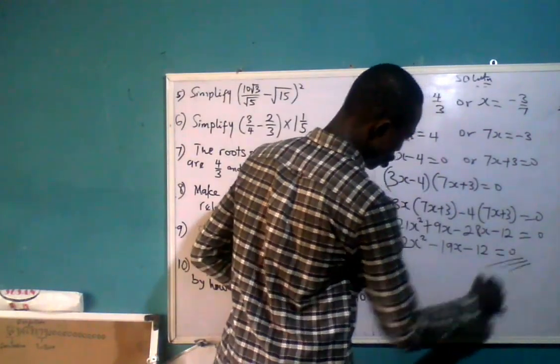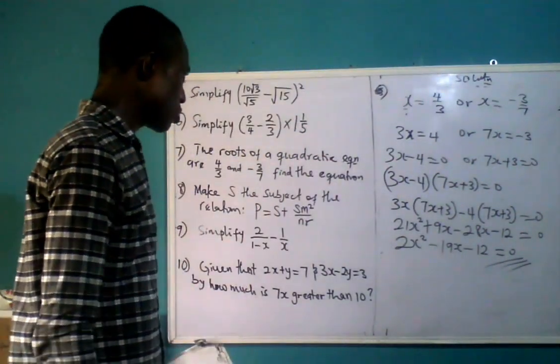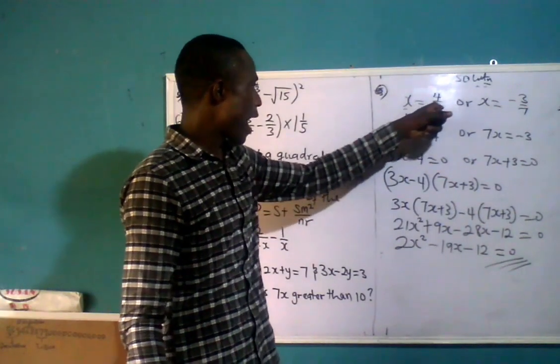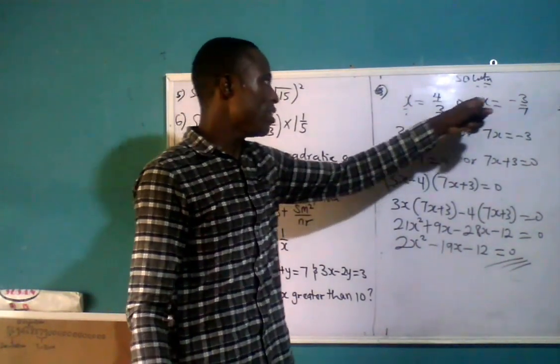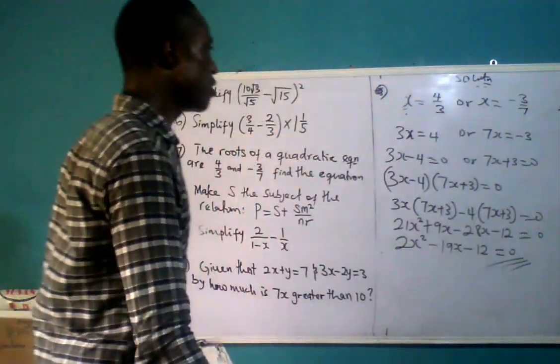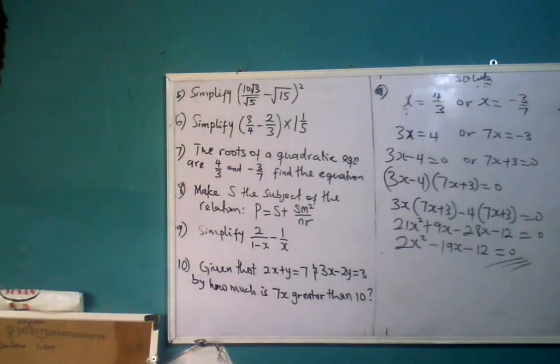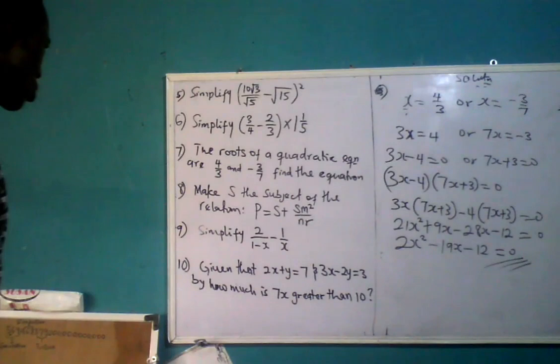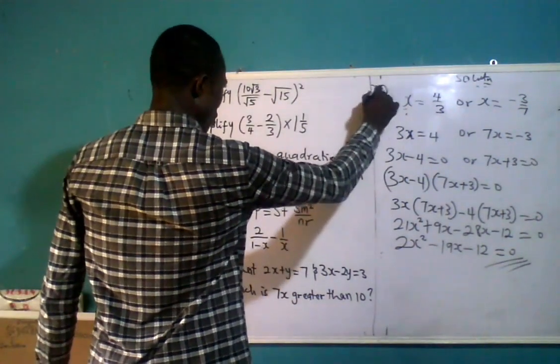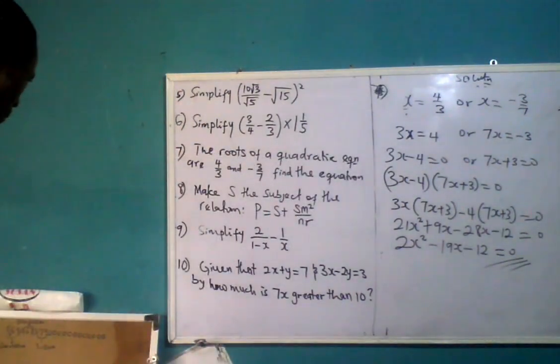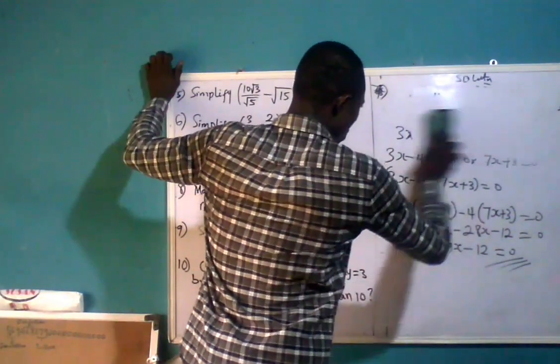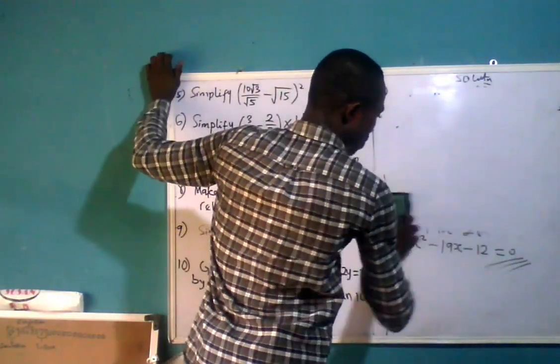And surely, this is the quadratic equation whose roots are 4 over 3 and minus 3 over 7. So we are done with question number 7. Okay? Let's look at question number 8.